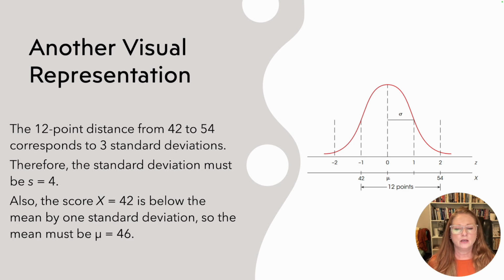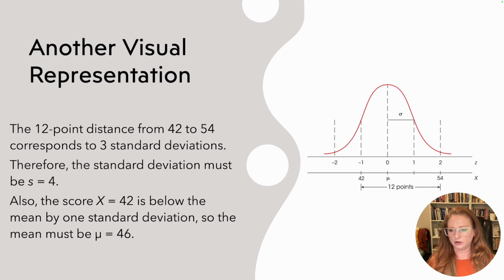So standard deviation is 4. So if I'm starting at the raw score of 42, which is -1 standard deviation, or z equals -1, I can determine what the mean is.